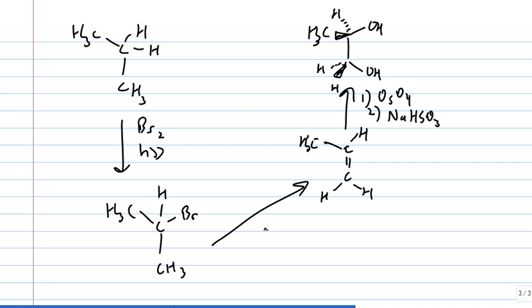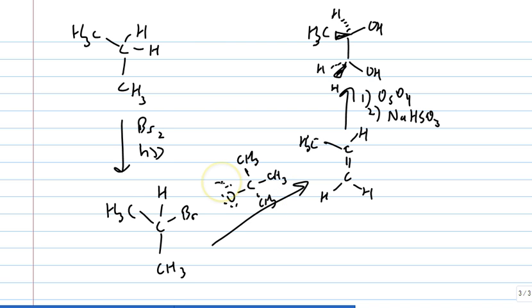So let's use a strong base. Use a strong base that's not so great as being a nucleophile because you don't want SN2. So let's use a big and bulky base. Let's use t-butoxide.